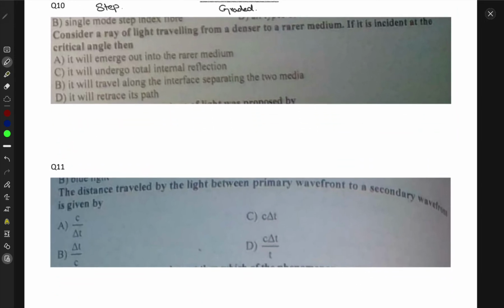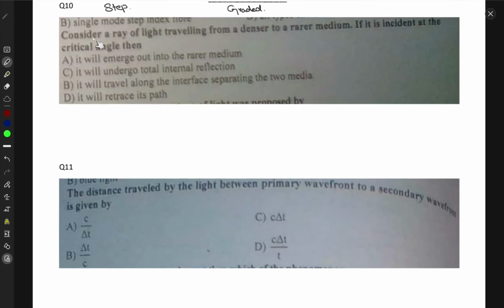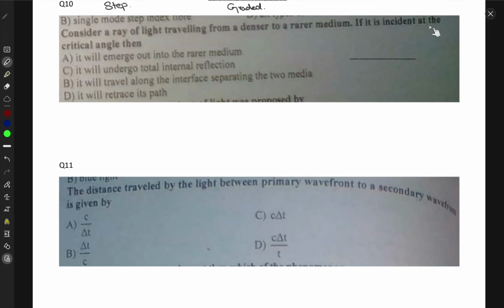So let's move on to question number 10, where we have: consider a ray of light traveling from a denser to a rarer medium, so something like this. If it is incident at the critical angle, what will happen then? So we have a ray of light and it enters like this, and then I draw a normal to the point where it hits.